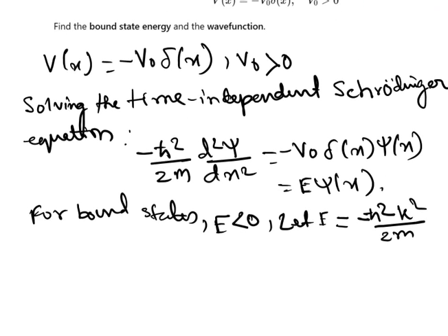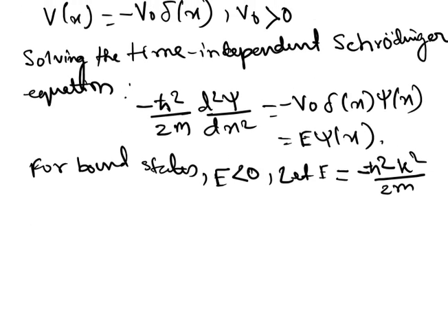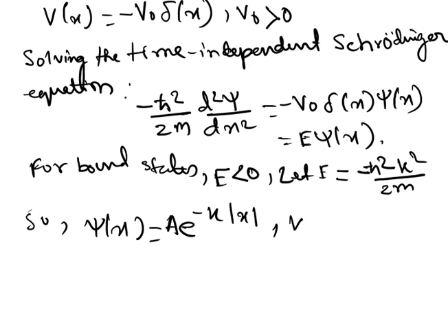So we have psi x equal to A e to the power minus k into mod x, where k equal to m V0 by h cut square, right?